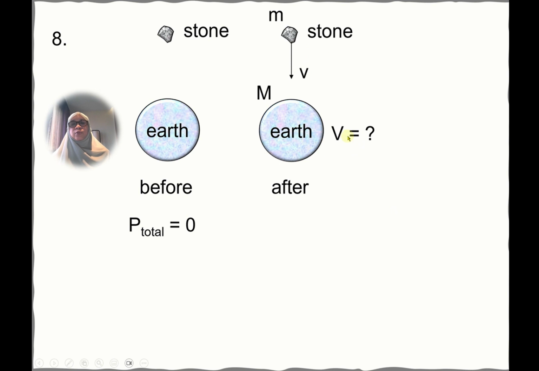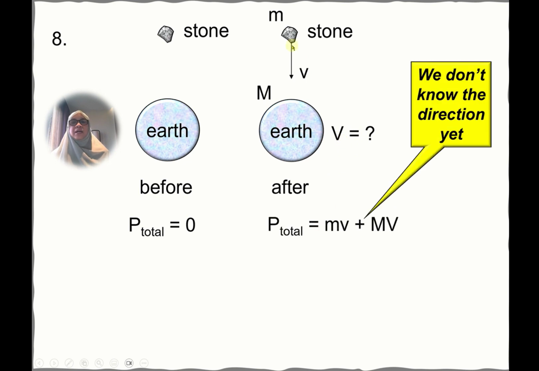This is what we are going to find, we will deduce later what V of the earth is. So the total momentum is mv plus MV. We don't know yet whether V is positive or negative, so we just put plus MV. At the final result, only then can we know the direction of V.